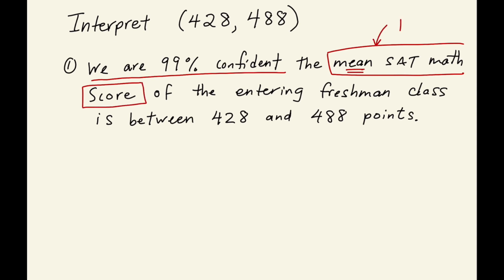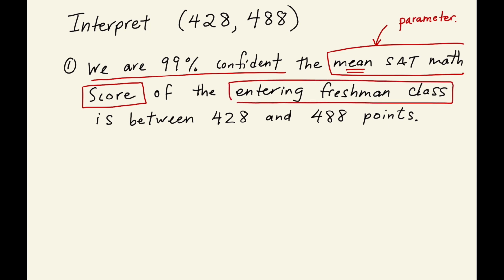So always state the parameter specifically. You also want to make sure you state the population, and, of course, the information given by the confidence interval.